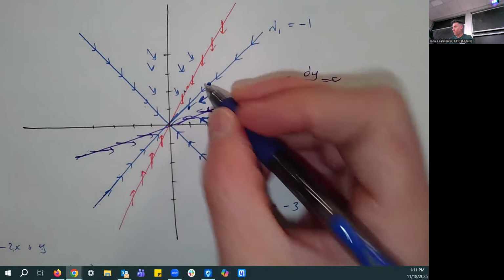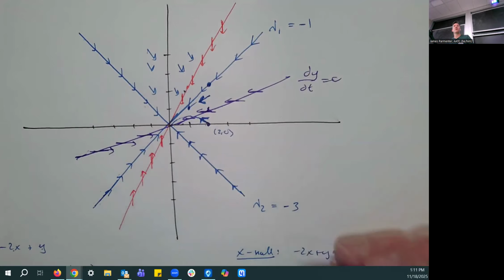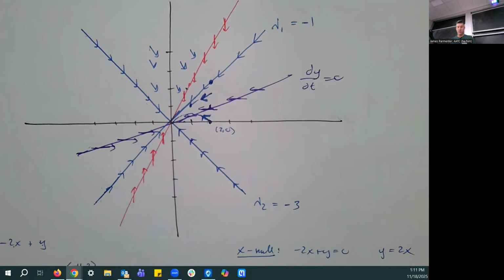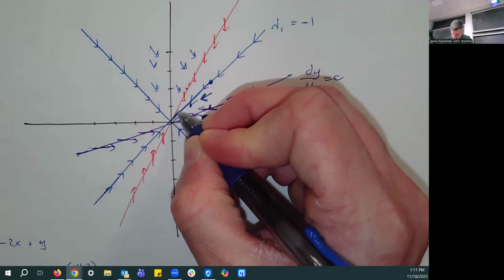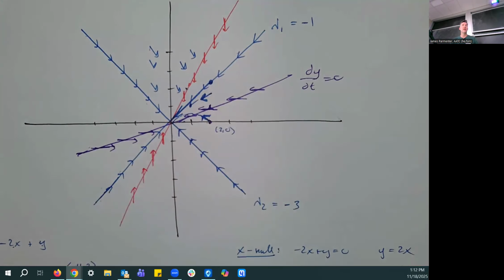And so if you draw the trajectory from that initial condition, it's not very exciting. The trajectory, we've already drawn it, it looks like this, straight in towards the origin. If you happen to start on an eigenvector line, you're either moving straight in towards the origin if your eigenvalue is negative, straight away from the origin if your eigenvalue is positive, along that eigenvector line direction.